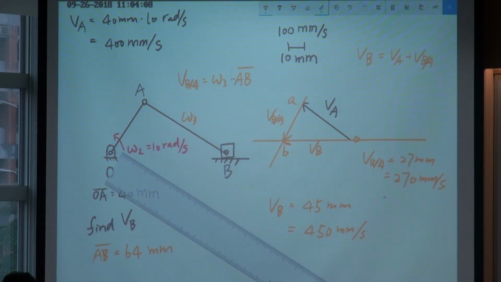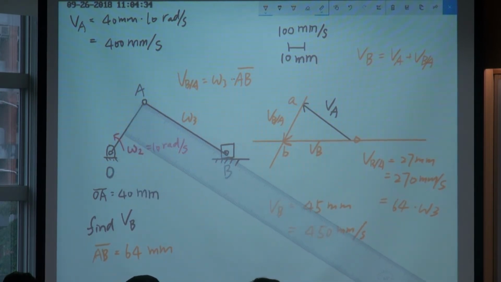So I know this 270 millimeter per second is going to be 64 times omega 3. You can calculate omega 3 by using this relationship. So omega 3 is 270 divided by 64.